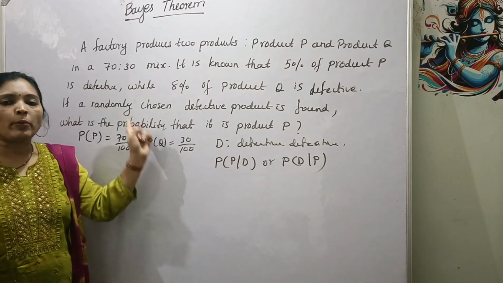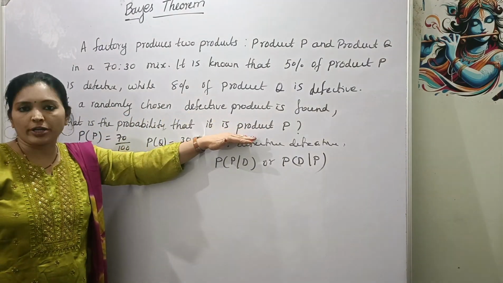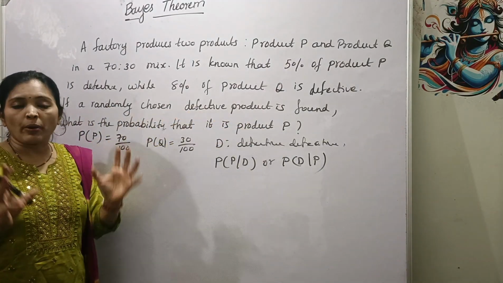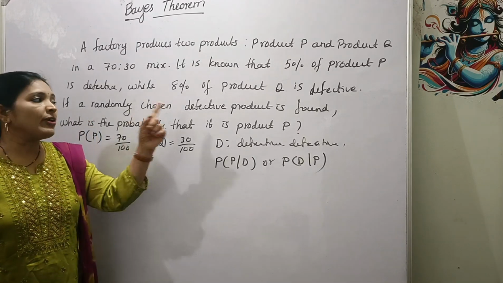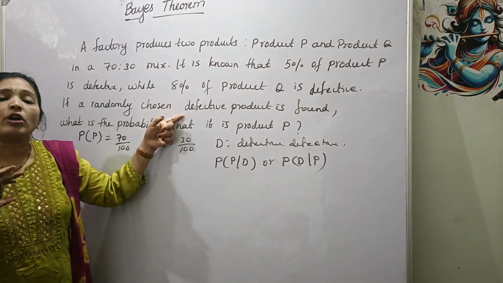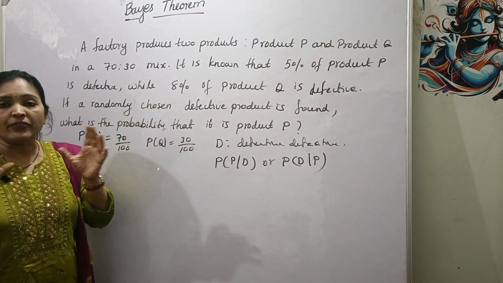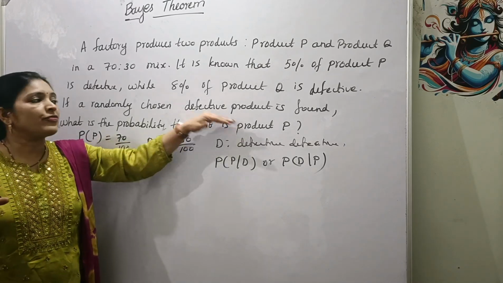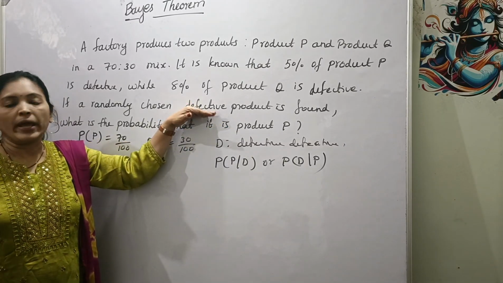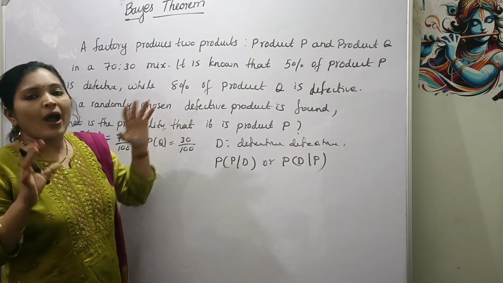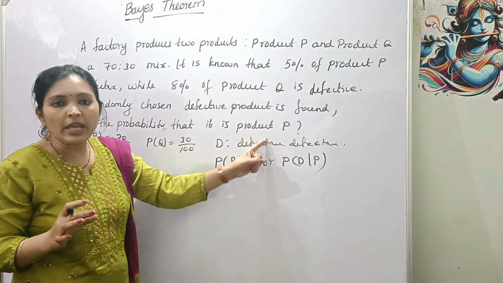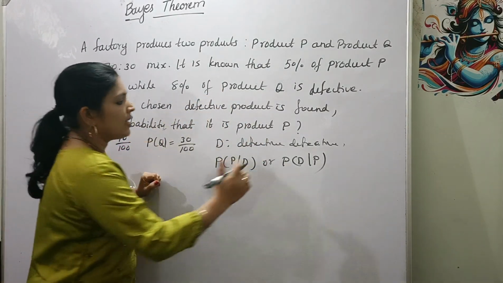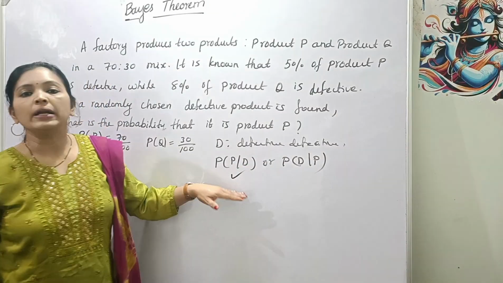That is probability of P given that a defective product has already occurred. So here we have to select product P from defective products. Therefore, we have to find probability of P given D.